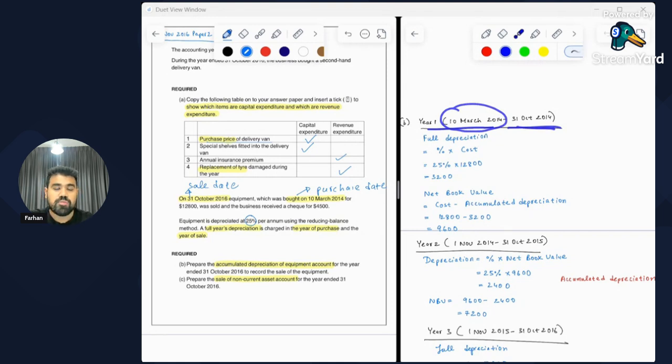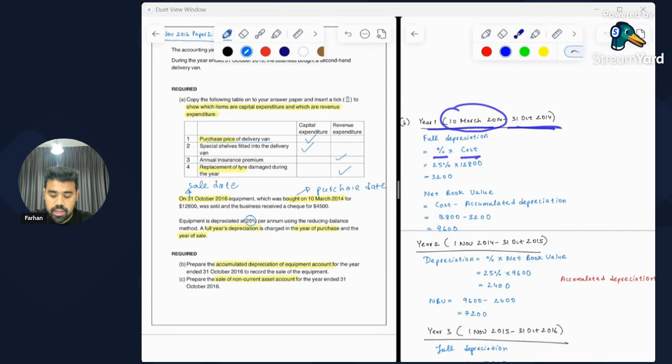Based on the company's policy, we are to apply a full depreciation in the year of purchase, which is the year ending 31 October 2014, right? Whenever we are using the reducing balance method and you want to find the depreciation, especially in the first year of purchase, you just calculate it by multiplying the given percentage with the original cost.